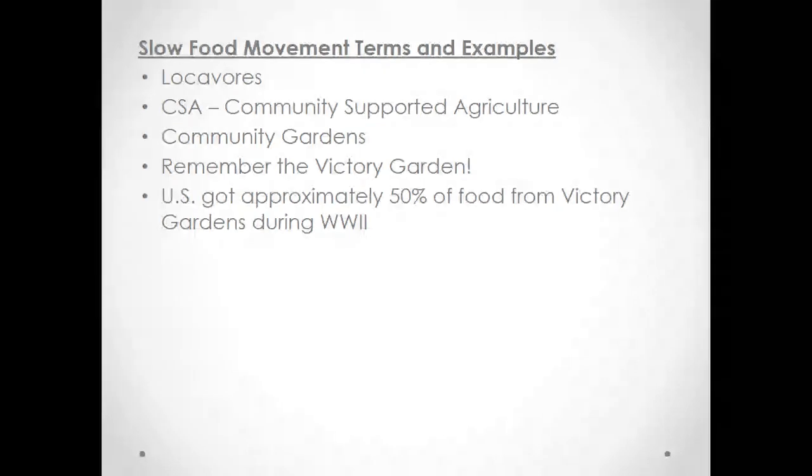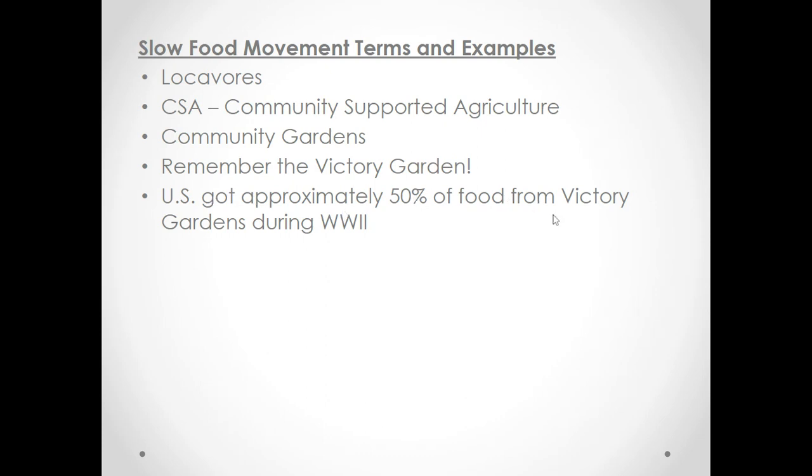So this is an interesting thing to bring up, especially right now. Victory gardens. Victory gardens are something that was done in World War II whenever we had to put a lot of the resources, a lot of the major farms were putting their produce towards feeding soldiers. So victory gardens were grown by people in their backyards.